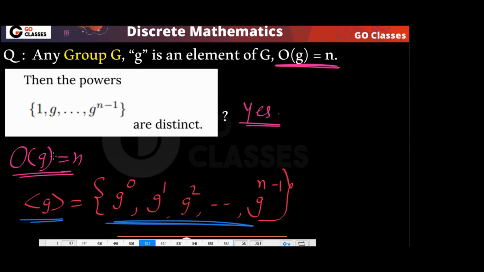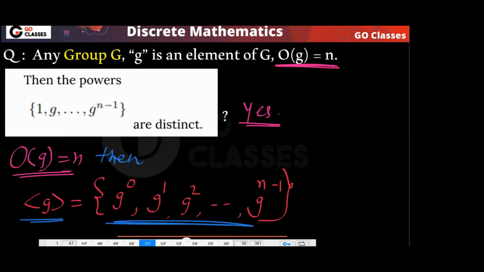So if order of g is n, then automatically this is the subgroup generated by g. How many elements will g generate? n elements are generated by g. So I can say these are distinct. Is this clear?